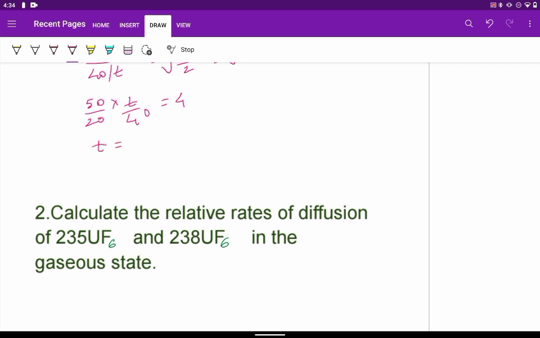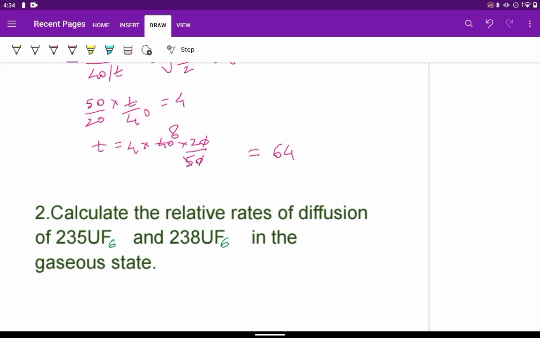It will be 4 into 40 into 20 by 50. The zero gets cancelled. Then here 5 eights are 40. So 4 into 8 into 2, that is 64.